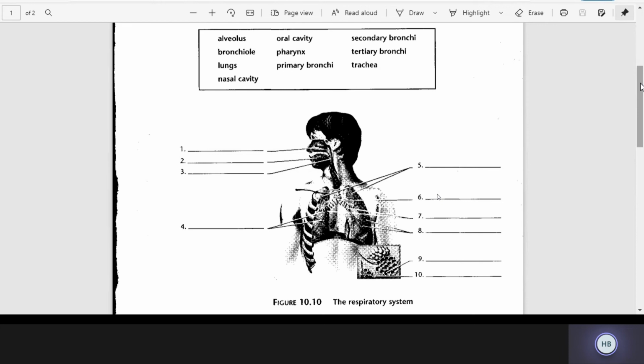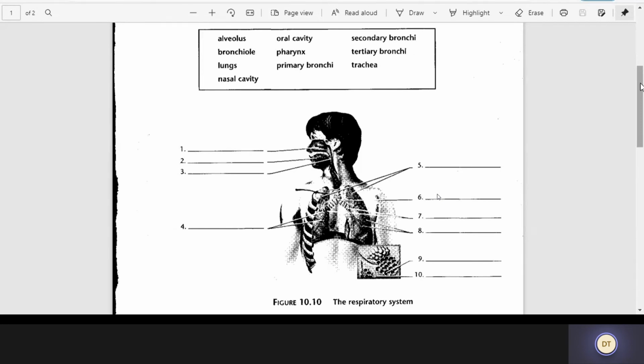Number 1 is nasal cavity. Good. Number 2 is oral cavity. That's good. Number 3 is pharynx. That's right. Number 4 is tertiary bronchi.